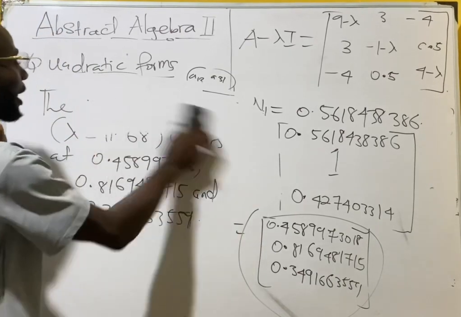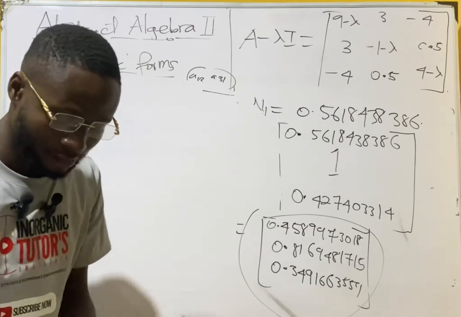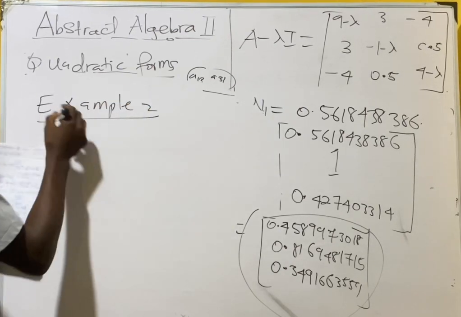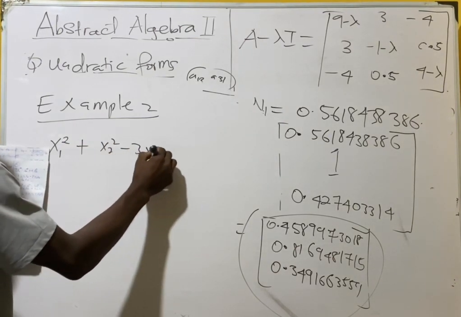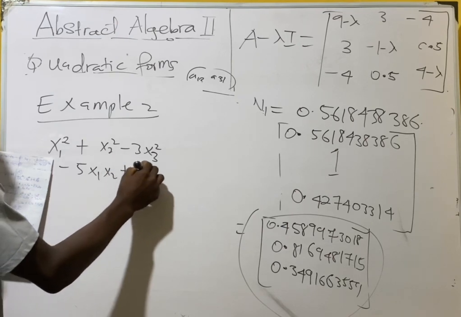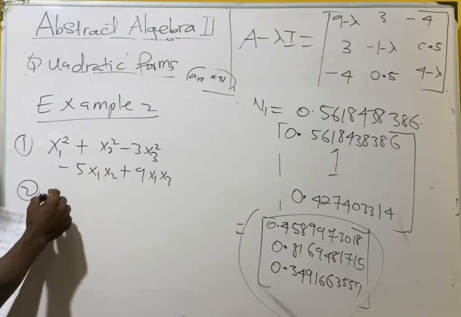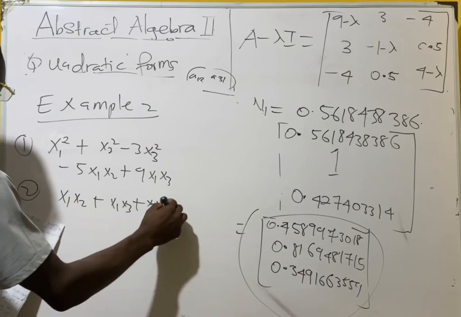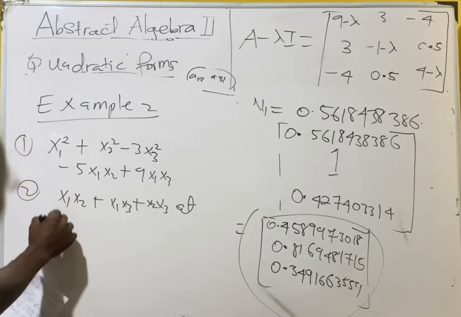Once you are done with that, try this second example, example 2: x1 squared plus x2 squared minus 3x3 squared minus 5x1x2 plus 9x1x3, and 2 times x1x2 plus x1x3 plus x2x3 as well.